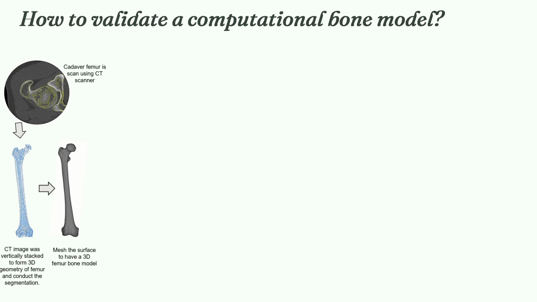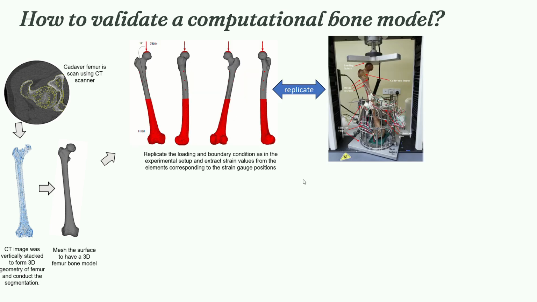Next we mesh the bone surface, and finally we replicate the loading and boundary conditions from the experimental setup and extract strain values at the same position as the strain gauge used in the cadaver test.